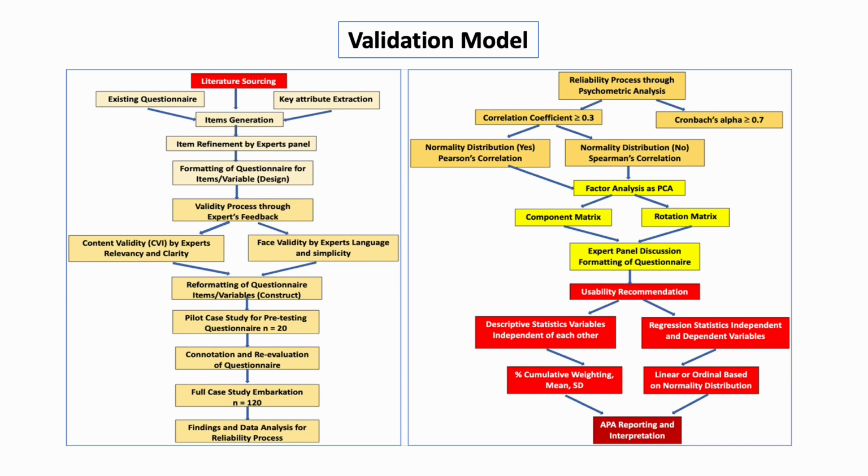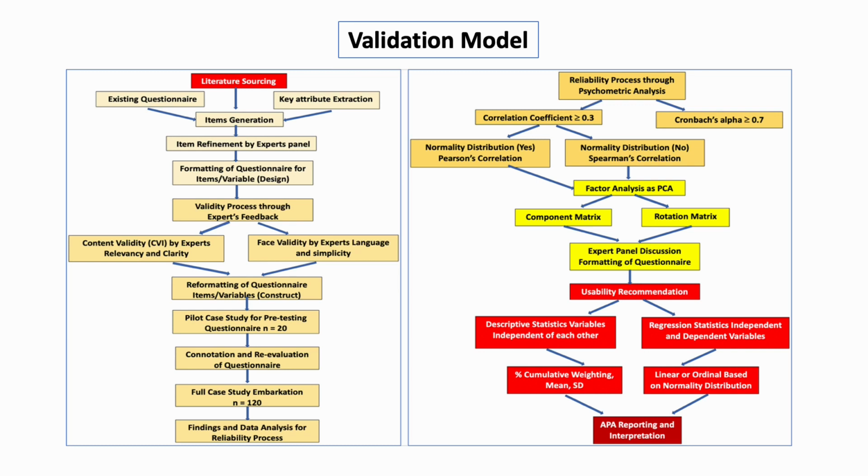So the item refinement by the experts panel is done at local level, and formatting of the questionnaire for item or variable design, once approved by the local panel. The validity process involves the experts' feedback.